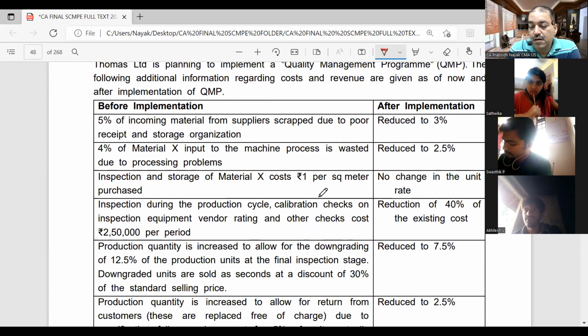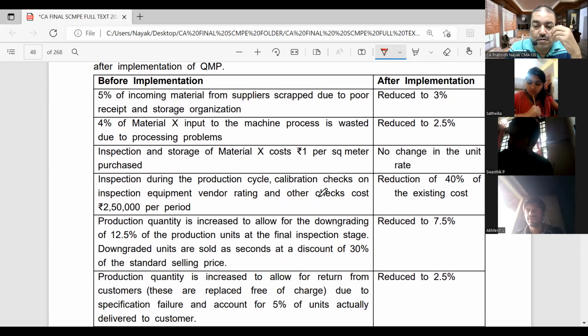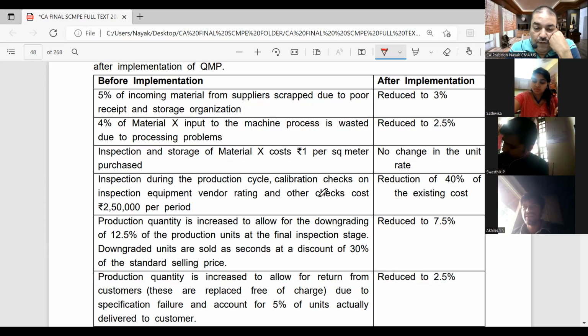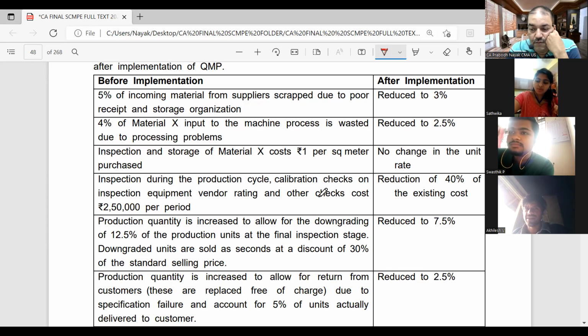Work it out. Yes, Akhilesh, what figures have you got? Satvika? Before implementation I got 6,324 and after is 5,774.